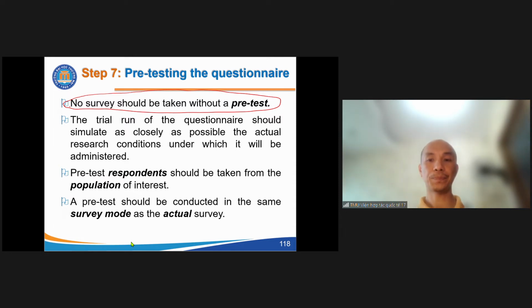And in the best way, we try to do the pretest in the same way that we conduct the surveys. So the pretest is similar to what we do for real. It's not only a test. So it's much better, and it helps us to know what will happen when we do it.